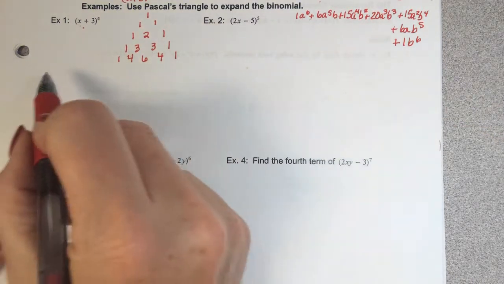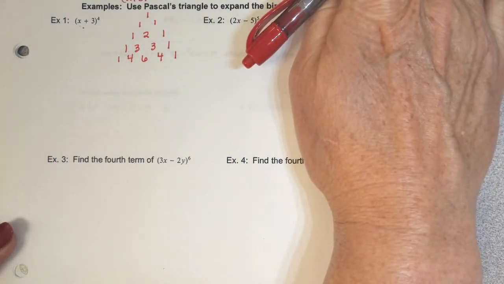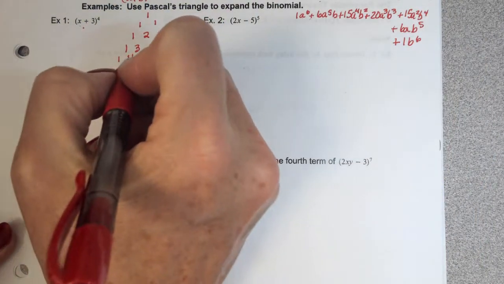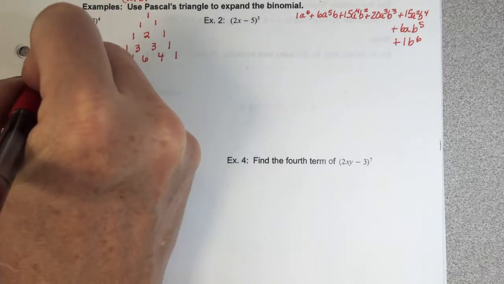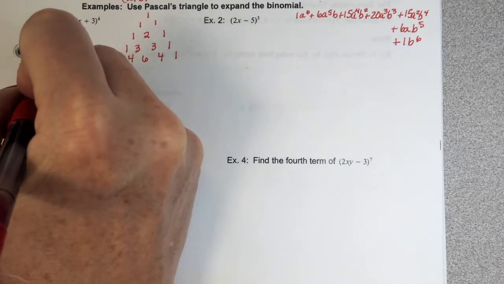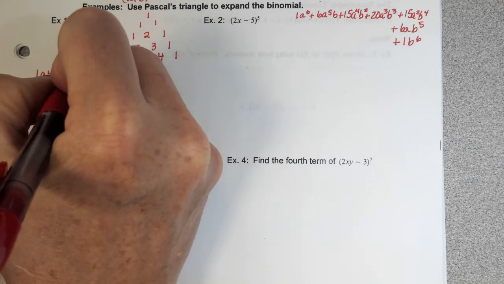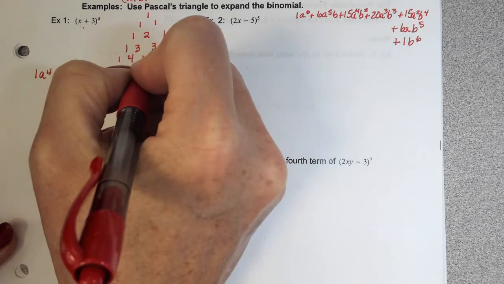Now, I'm going to go kind of slowly writing this out without looking up above. You have to be able to do this on your own. So it's going to go 1a to the 4th plus 4, I take this down by 1, and I bring in the b. I go to my next term.